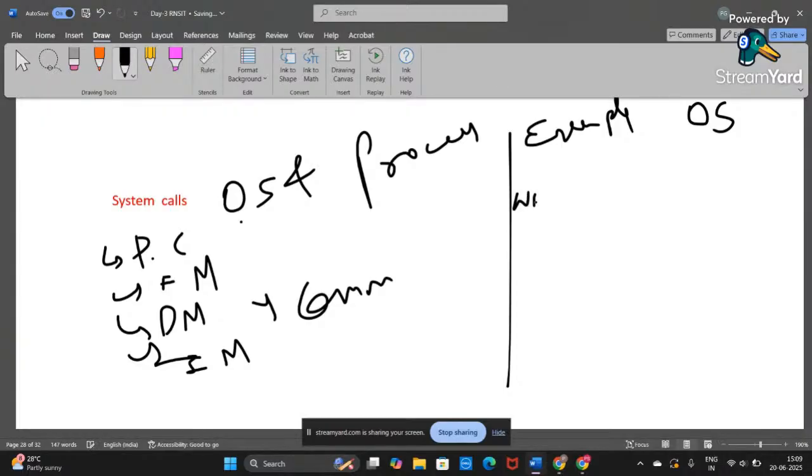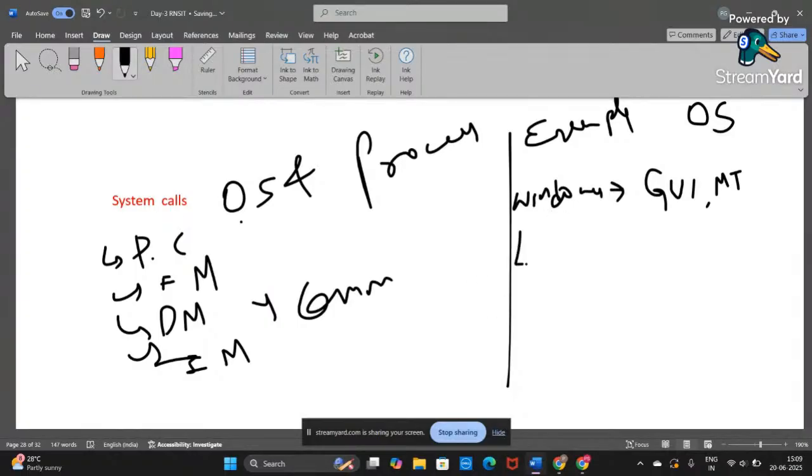Windows is one of the OS. It is based on GUI. What is GUI? Graphical User Interface. Windows is based on GUI, and it is also multitasking.